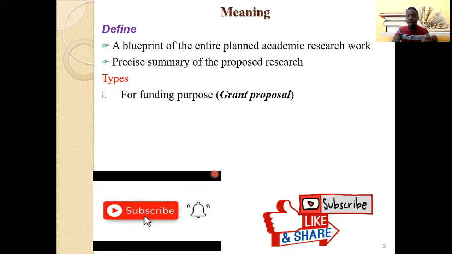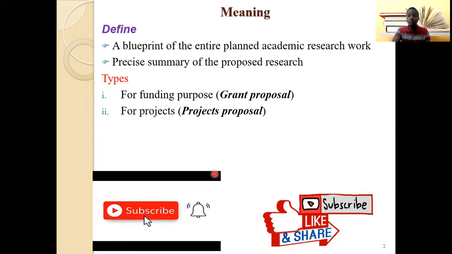When you are asked to write a proposal so that you are requesting a particular fund to conduct a particular project, we call it a grant proposal. It has its structure and way forward. And we have the so-called project proposal.